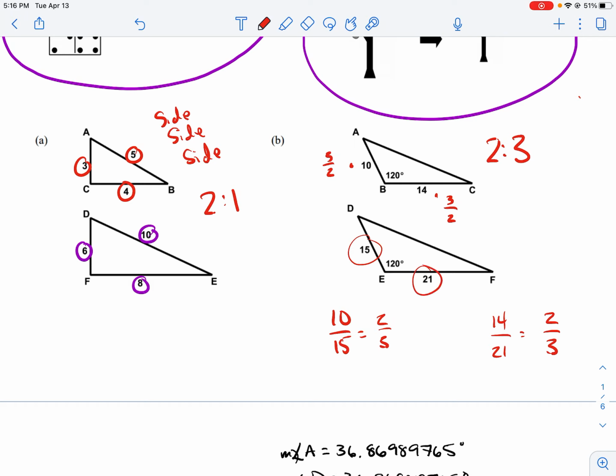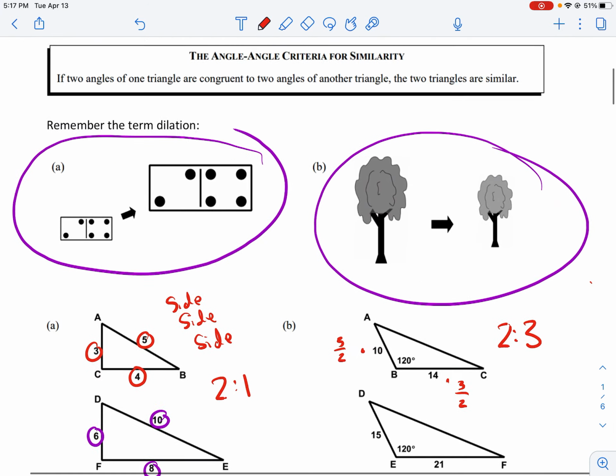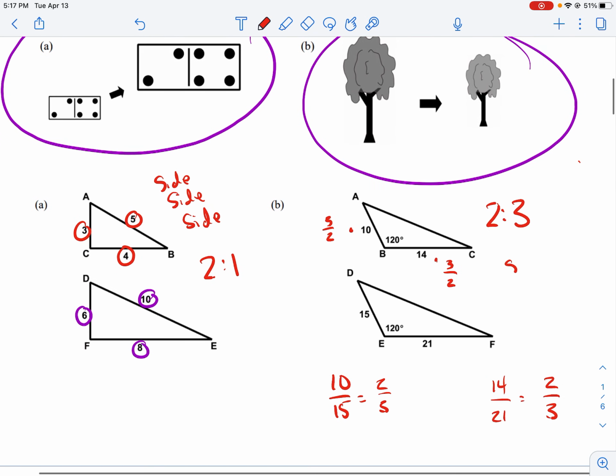Okay? So therefore, because we're able to multiply it by the same value for both sides, for both AB and BC, therefore we can say that the triangles in B are similar by side angle side. Okay? Now, let's get down to some nitty-gritty here.